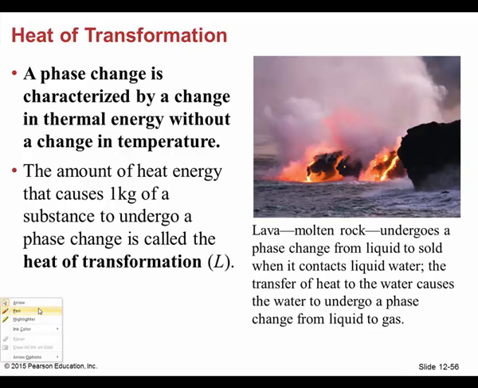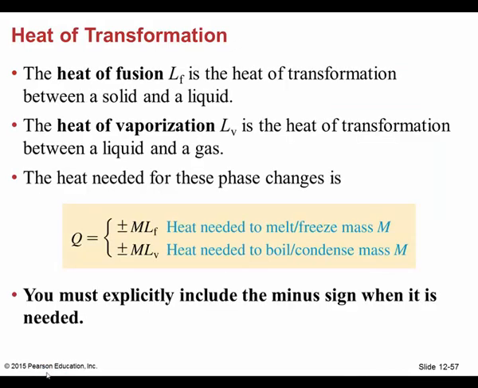All right, now, of course, that phase change is what we call the heat of transformation, heat of fusion, heat of vaporization. Notice they use Q and they use these brackets here. Notice the heat needed to melt or freeze, and of course if it's to melt, you're adding. If it's to freeze, you're taking away.